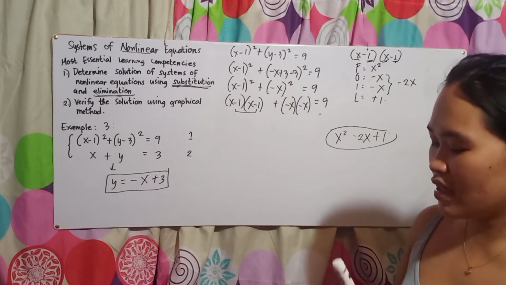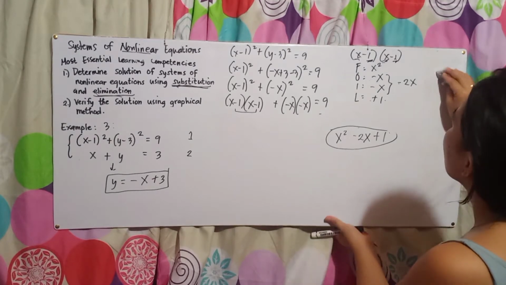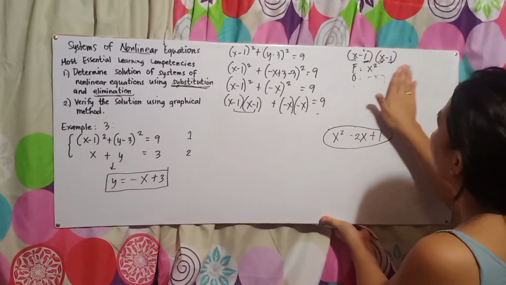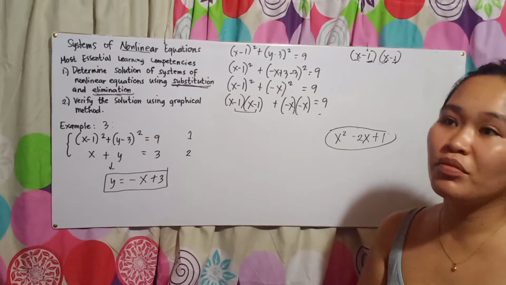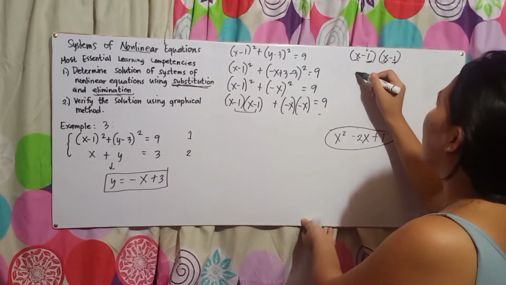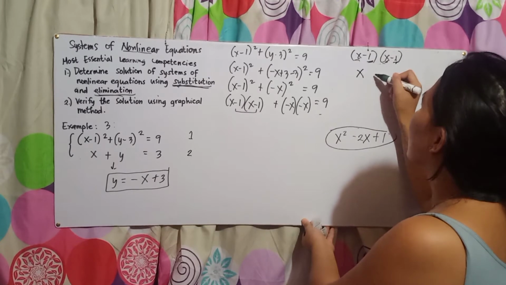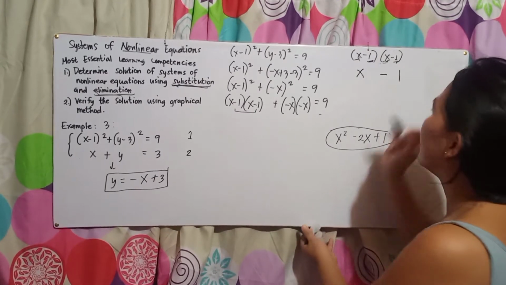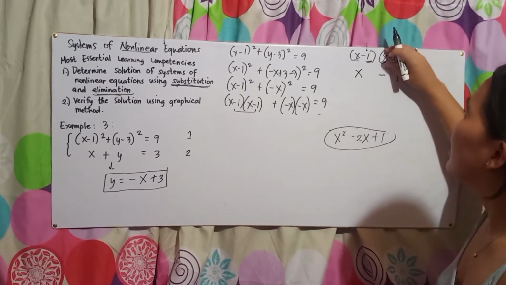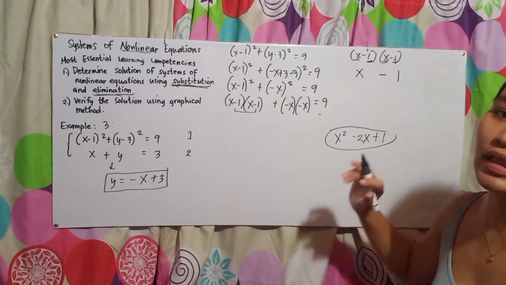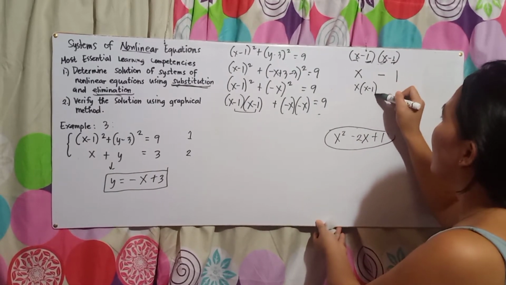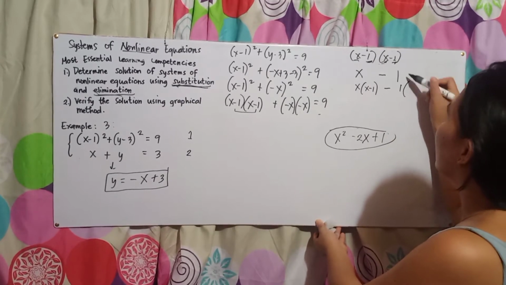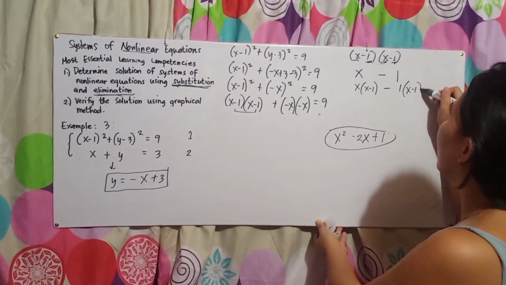Okay, next is the distribution method. x minus 1, and the second factor we distribute one by one. So, x minus 1, minus 1 times x minus 1.